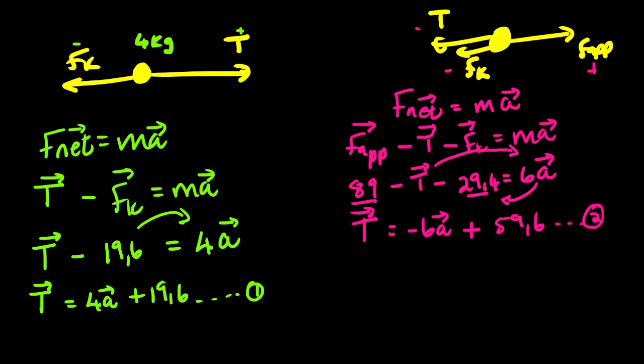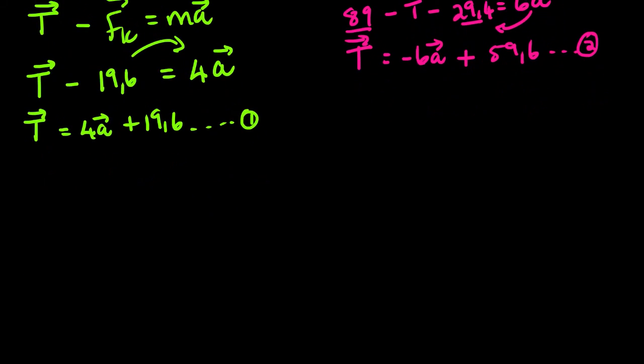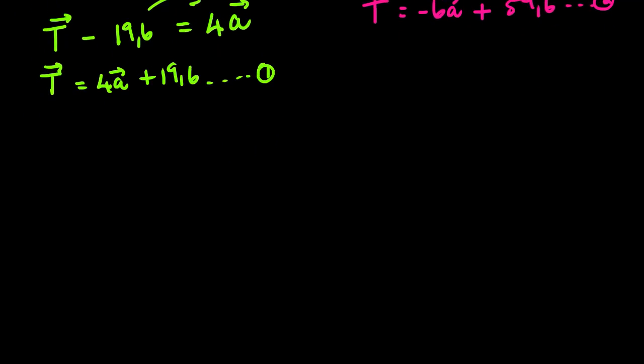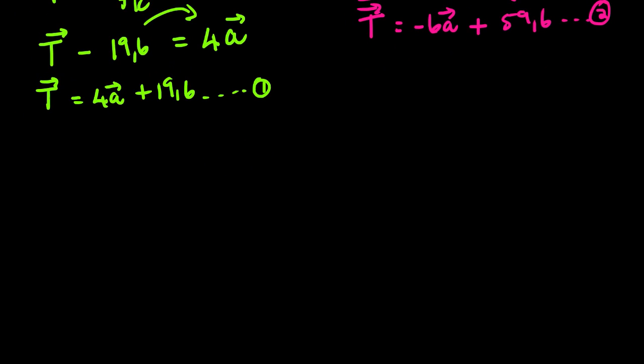Now once you are done with these steps, whereby we generate the two equations, we are going to equate them, since both of them have the subject of the formula as T. So we say equation 1 equals equation 2.